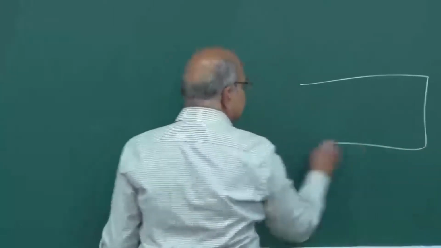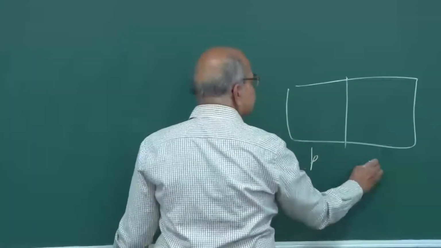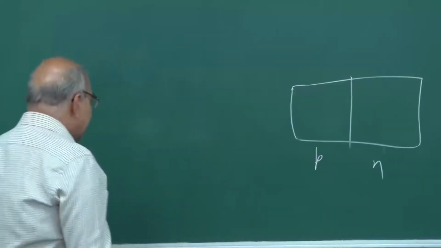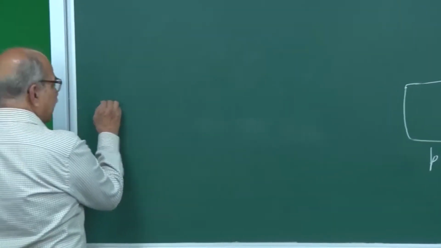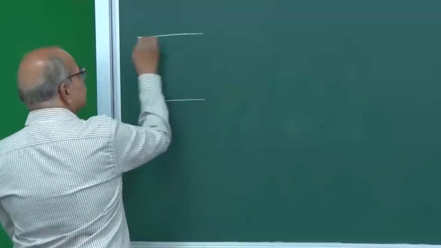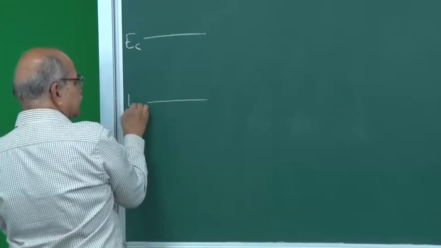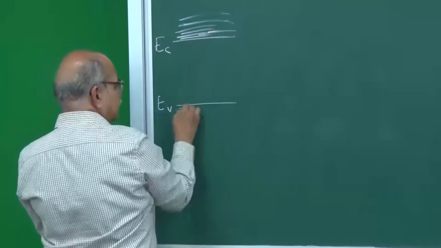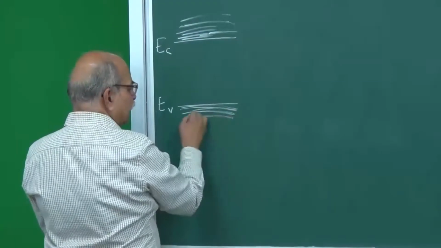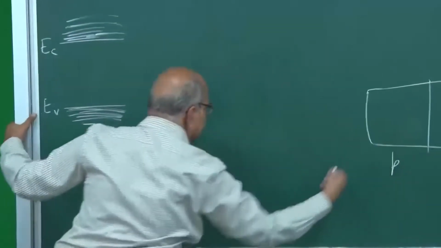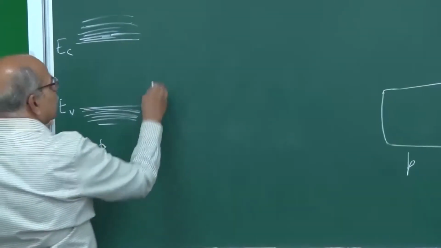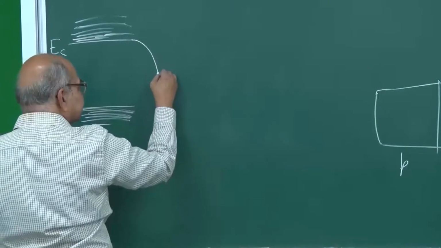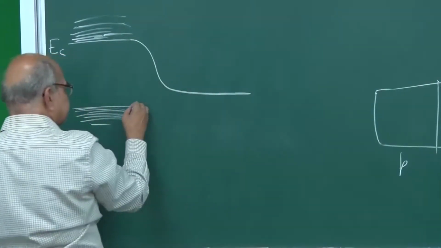So if you have this p-n junction, this is the p side, this is the n side, and if you write the energy bands, conduction band and valence band, say this is EC and this is EV, the conduction band is here, the valence band is here, and well away from the junction on the p side, you have a bending out here.